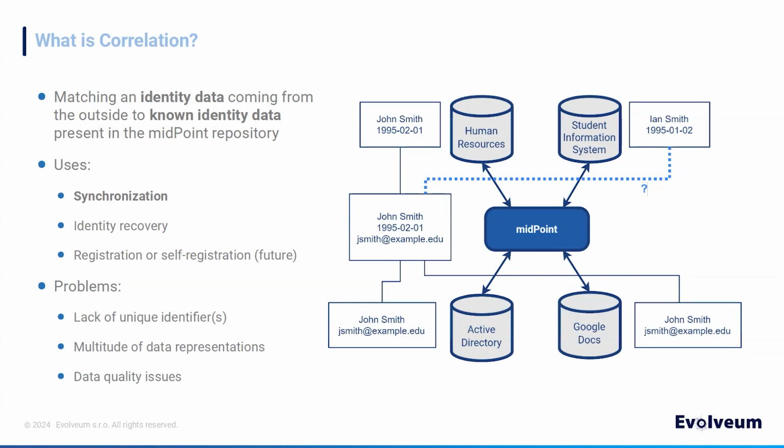And as far as addresses are concerned, all we know is that they are practically incomparable if stored in their free form. And finally, there are issues of data quality. It may vary typically because of data entry errors, omissions, or sometimes even because of deliberate falsification. Overall, the correlation is a complex problem, and each identity management system has to deal with it somehow.